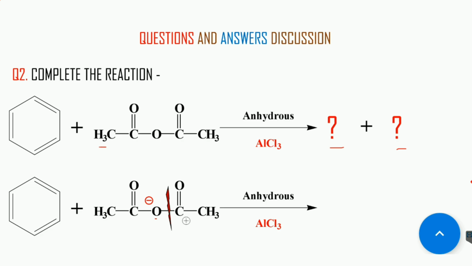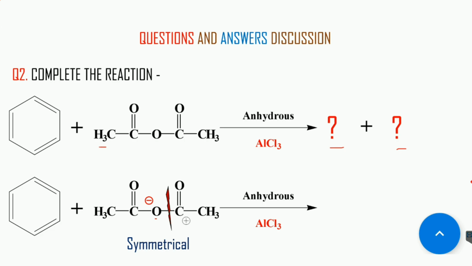It will not be differentiated by changing the position of the fission. It will always be the same, is it not? Because this reactant is a symmetrical reactant, meaning whenever both sides of a center atom are equal or the same, the reactant is called a symmetrical reactant. Now you can choose either side for the generation of the electrophile.